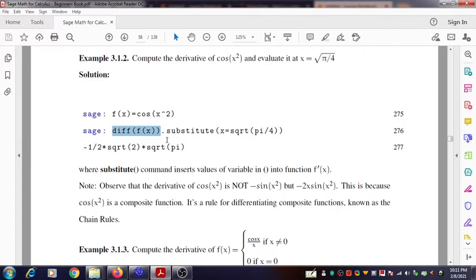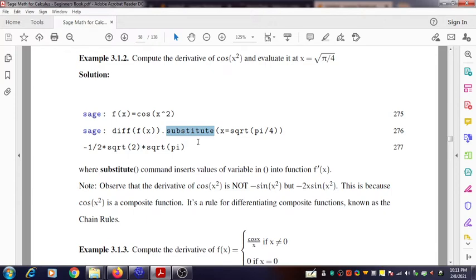Then you can see that a dot is used, and then the substitute command is also used. The substitute command in SageMath stands for substituting some value for the variable inside a function.